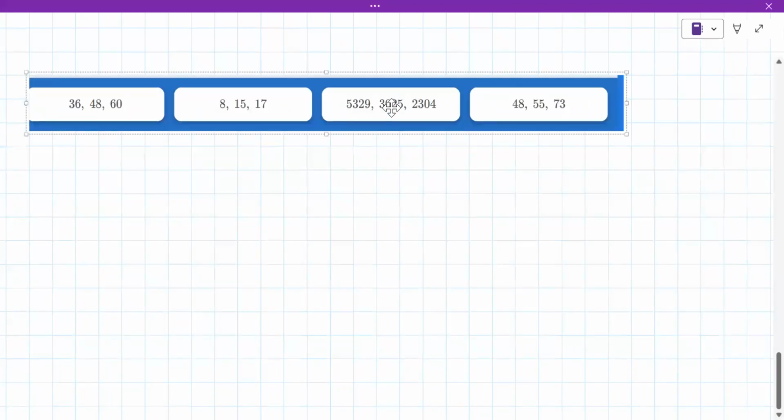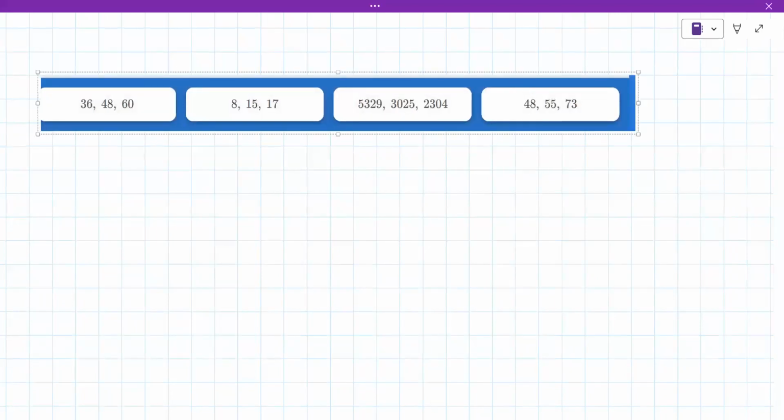Let me just check something here. Again, these are way beyond what your course is, but let me just check something here real quick on these to see. Okay, that's not going to work.